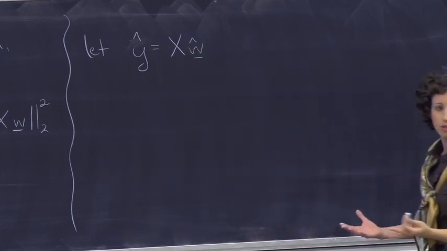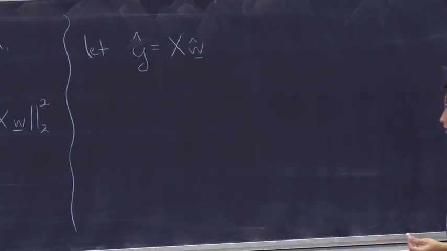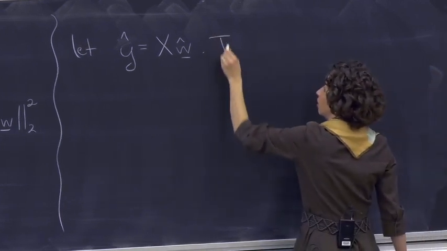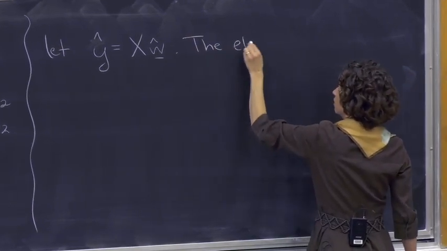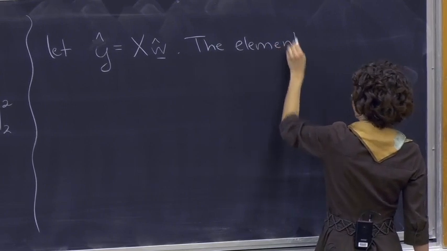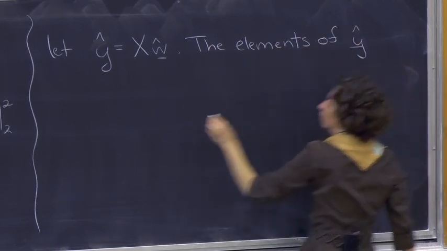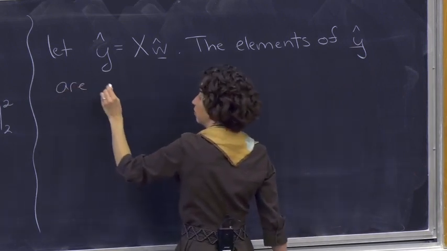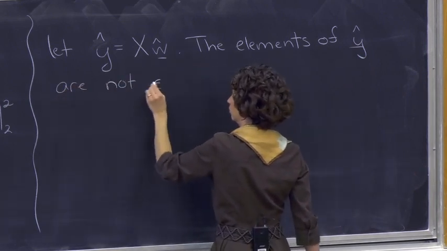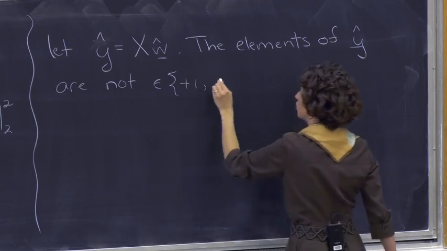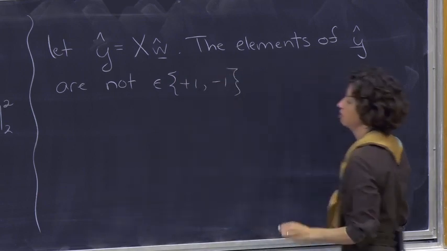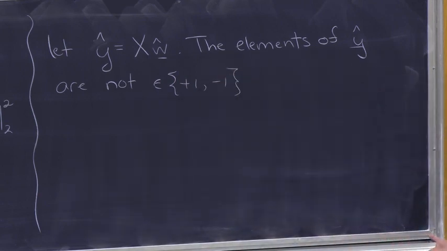So we called those so far our predicted labels. But the elements of y hat are not labels. So we're not getting a bunch of plus and minus ones here. We're actually getting real numbers. So for one sample, y hat might be 0.5, and for another sample, it might be negative 0.7.